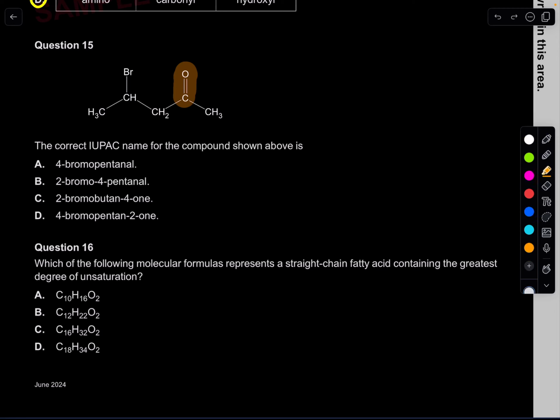But ketone, because there's a kind of trick to know which one has the highest priority. If it has more oxygens, then it has higher priority. Because you know how a ketone has oxygen here? It's actually the highest priority. And so now we also need to count how many carbons there are in terms of chain. And we can see that there is 1, 2, 3, 4, 5. So it's a pentane.